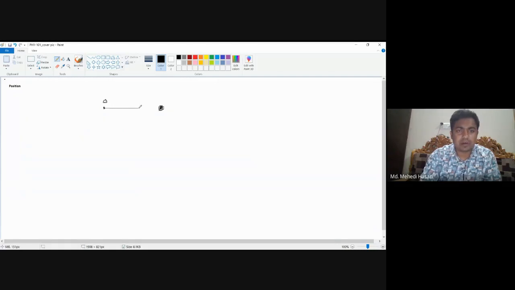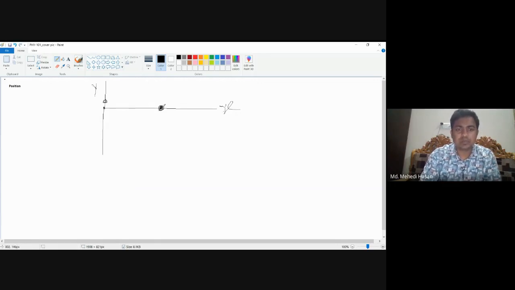Then if we draw a coordinate system like that, this is x. We consider this the x coordinate axis, and perpendicular to this we consider the y axis. Here first we are going to discuss one-dimensional motion only. So the object will be on the x-axis only, that's why we are considering the one-dimensional case.